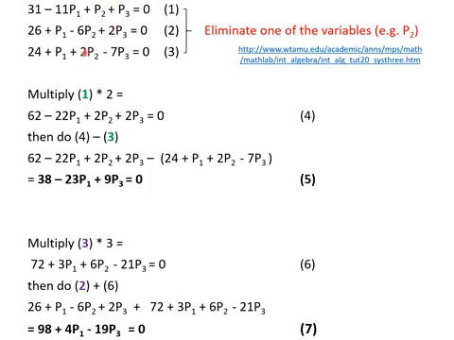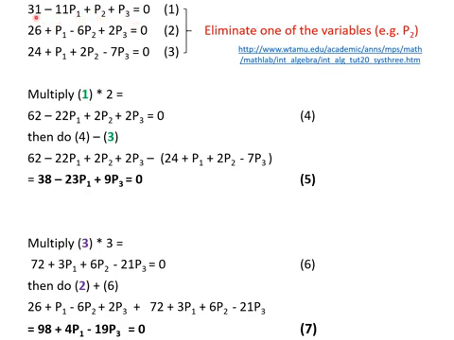So we need the coefficients on these variables to be equal as a starter, the value of the number, and then we're either going to add or subtract these equations in order to eliminate that variable. So we need a 2 in front of this P2 here, and the way we will get that is by multiplying this equation through by 2.